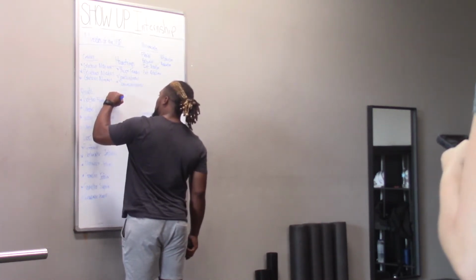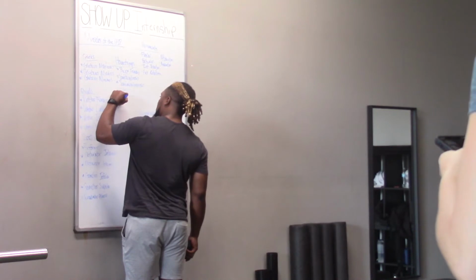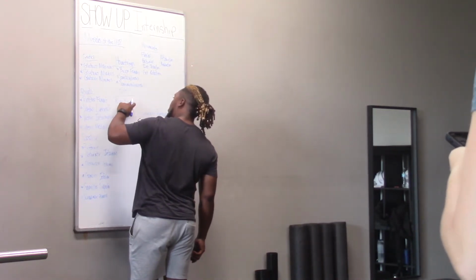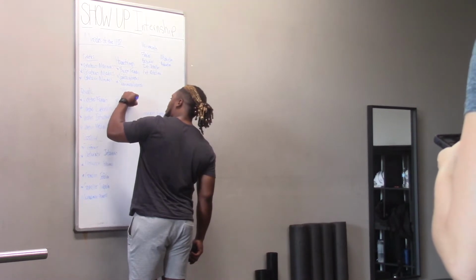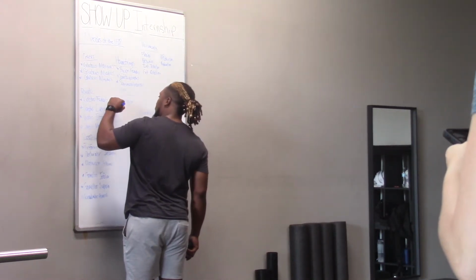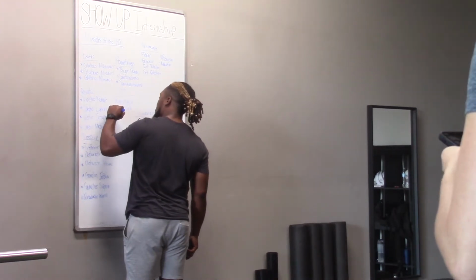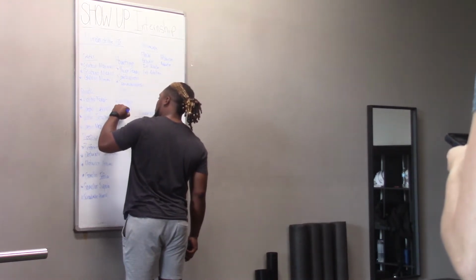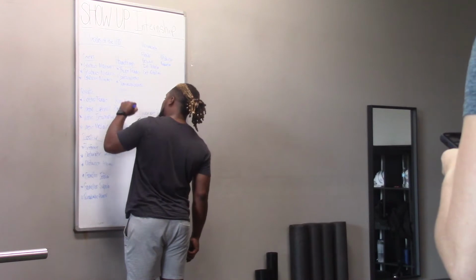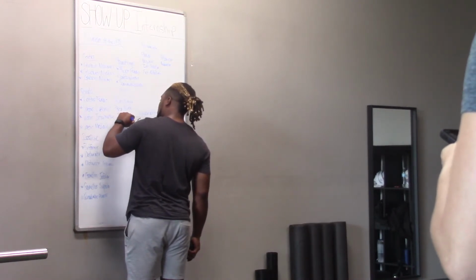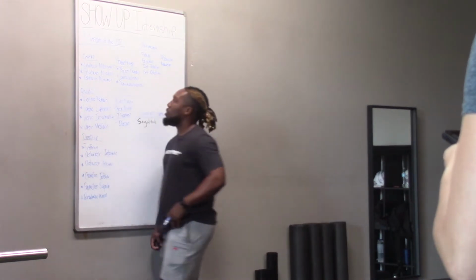So we have our psoas major, psoas minor, iliopsoas, and I'll do a spell check on these, and then our iliacus. So again, these are going to be our 4 muscles of the psoas.